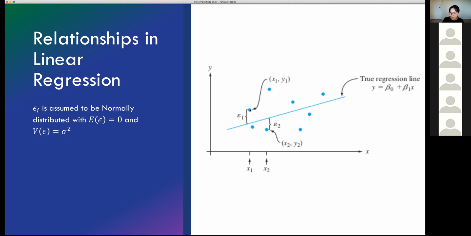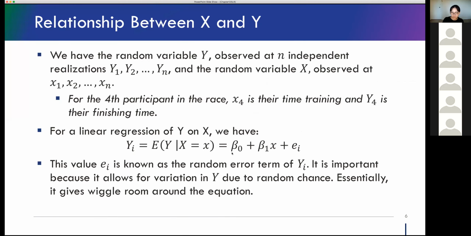So this y1 would equal beta 0 plus beta 1 times x1 plus this epsilon 1. So this is what this equation is telling you. It is the height from that straight line, plus the residual. In later slides we'll define it, but for now you can think of this as the error.